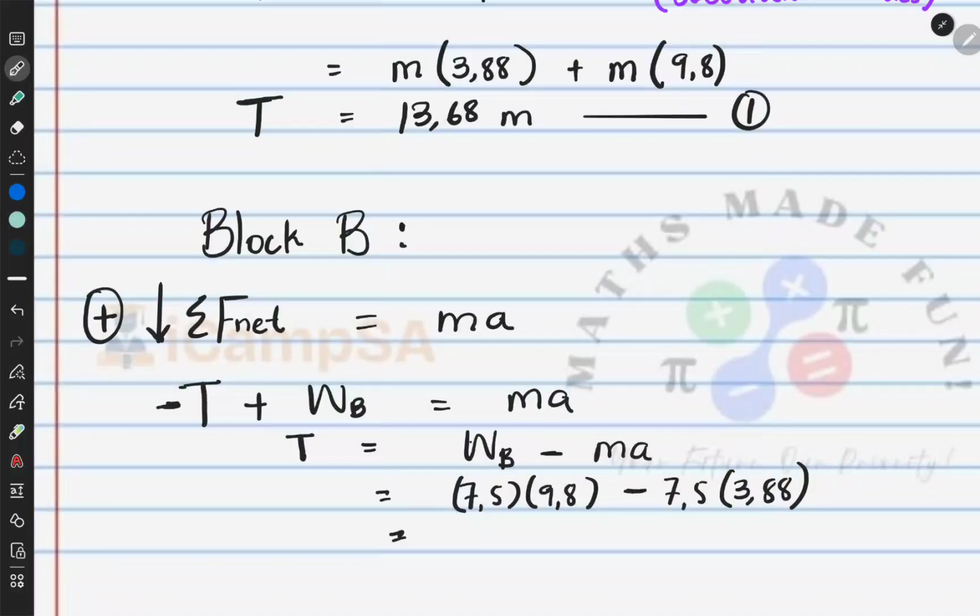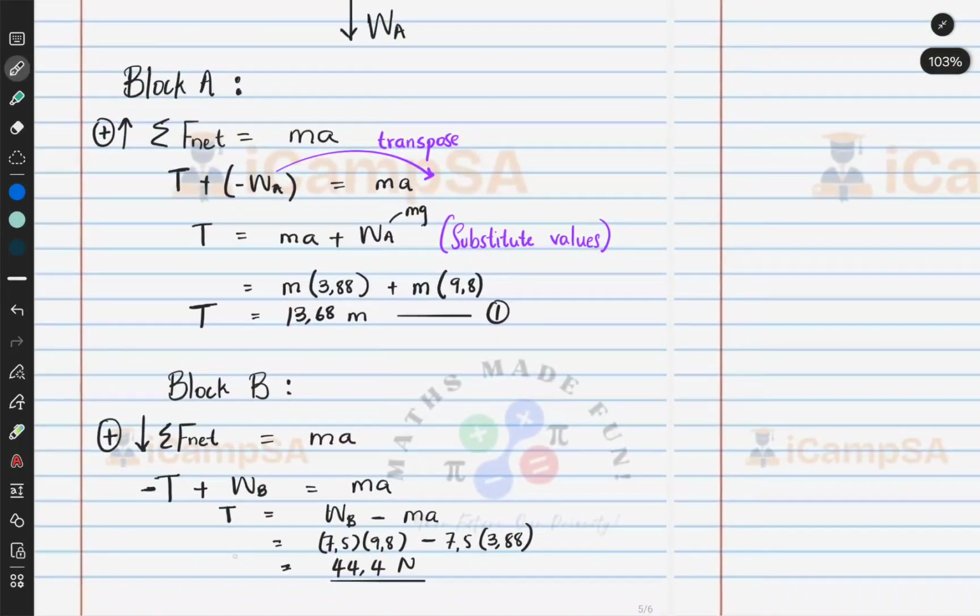And then I'm getting 44.4. So you see, if I started by solving for block B first, I would have just gotten 44.4 and equated to 13.68. So this is my T.